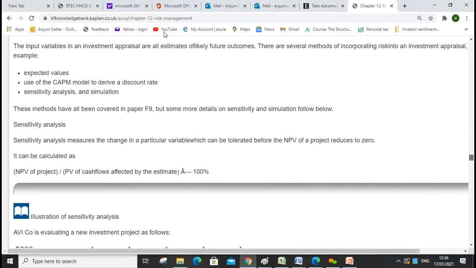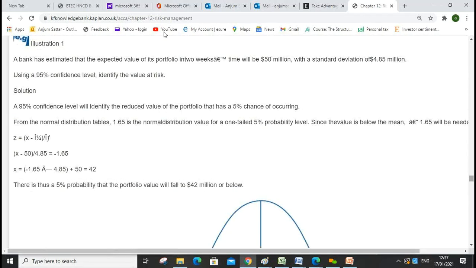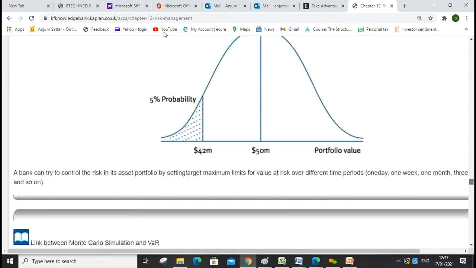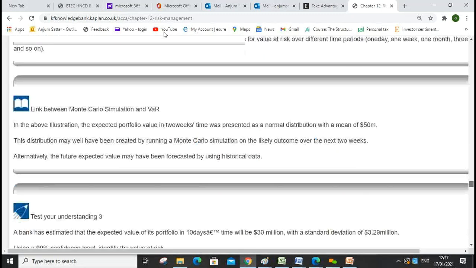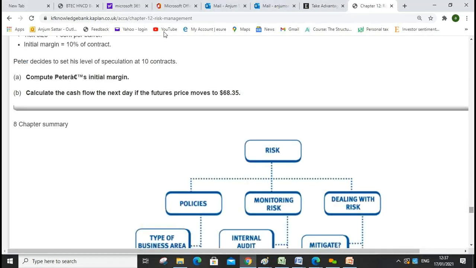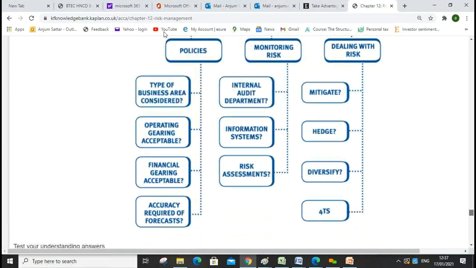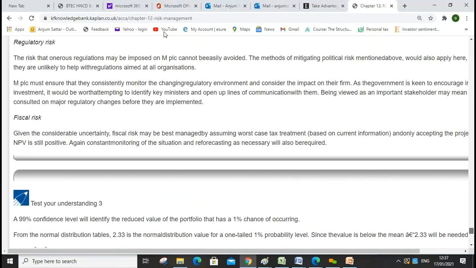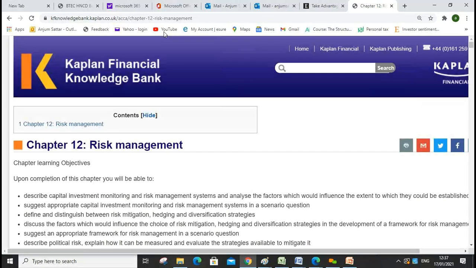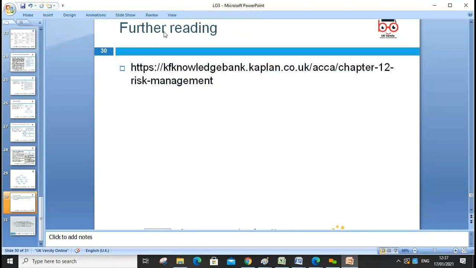So you have to look at the capital asset pricing model we discussed, stocks, investing, and the probability of things happening or not, whether it is more than 5 or less than 5, and you do an audit, the department, the information system, and risk assessment. This is quite good to look at, and we can add examples from these in our assignment. So that's all for today's lesson, guys.